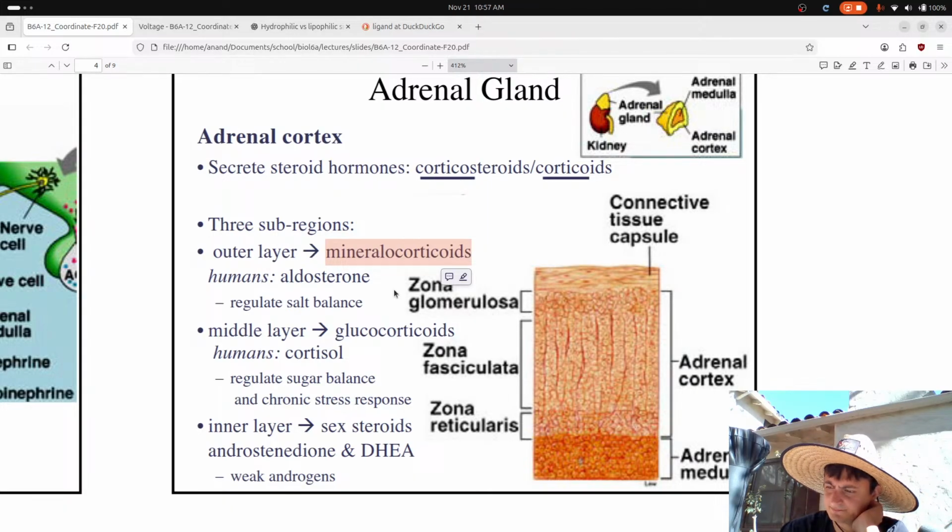Mineralocorticoids. So the mineralocorticoids. This is like aldosterone. I forgot the function of aldosterone.